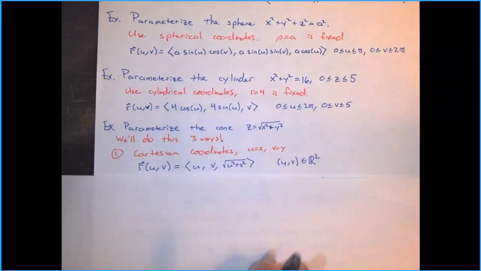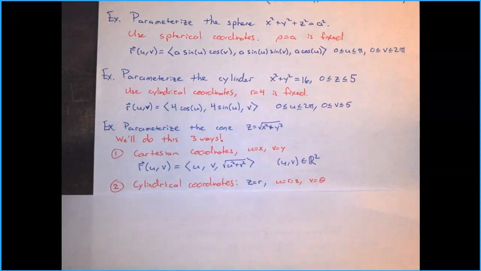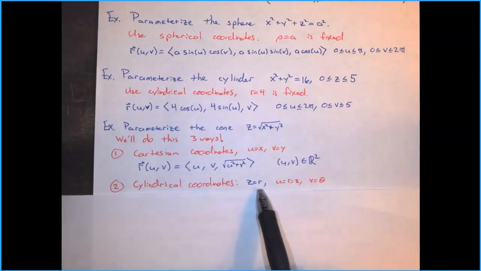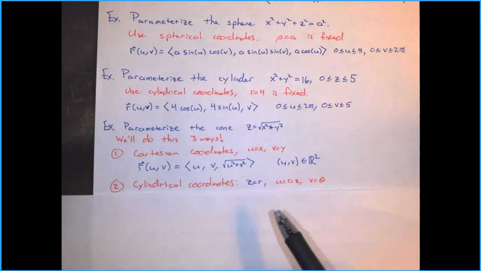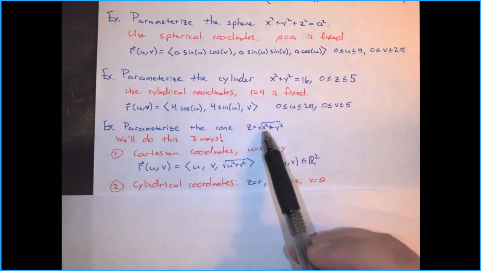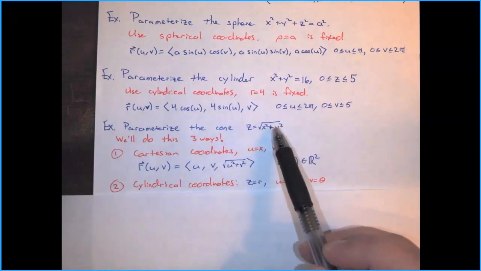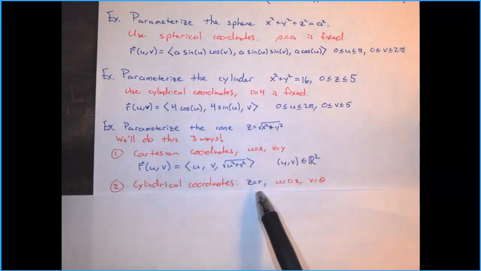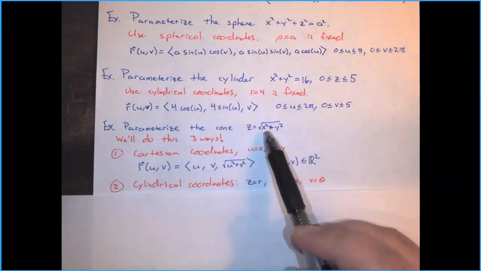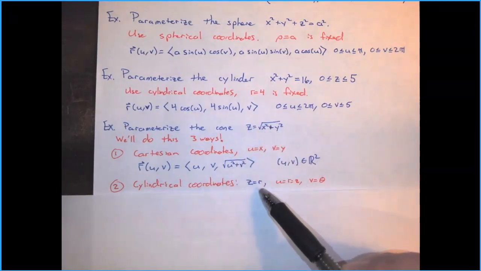The second way we're going to do this is by using cylindrical coordinates. And we've seen before that this particular cone, in cylindrical coordinates, gives us the equation z equals r. If you're not sure, replace x squared plus y squared with r squared. Take a square root, we get r. And for this cone, z is only taking on either 0 or positive values, which is what we're also going to allow for r.